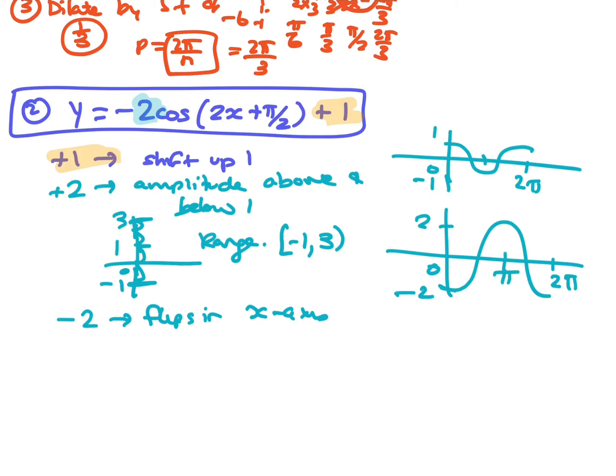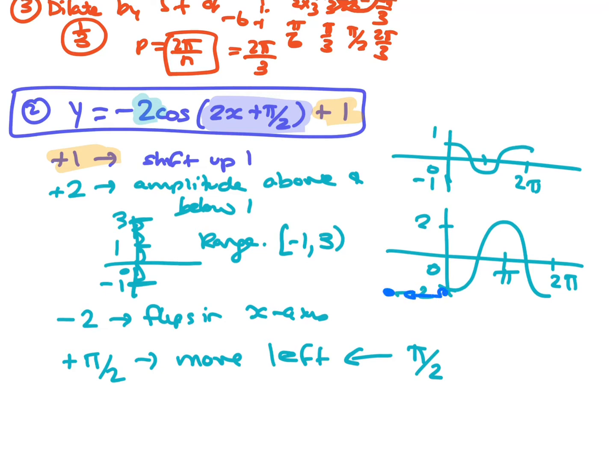Okay, now we're going to do what's inside the bracket. That's all this here, the 2x plus pi on 2. So first of all, the plus pi on 2 means that you move to the left, the opposite direction, pi on 2. So if I take this graph and I move it to the left, this one here will go to there, that one there will go to there, that one there will go to there, and this one, we're just going pi on 2 to there, and that one goes to there.